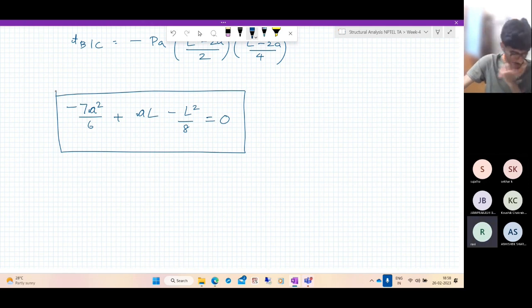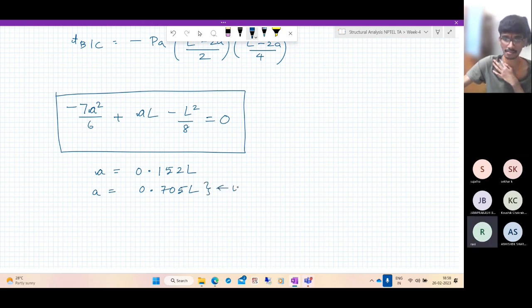Now, if you solve this, you'll get two roots. One of them is A equal to 1.152 L, and the other root will be A equal to 0.705 L or something. But this is not possible. So this is unphysical.